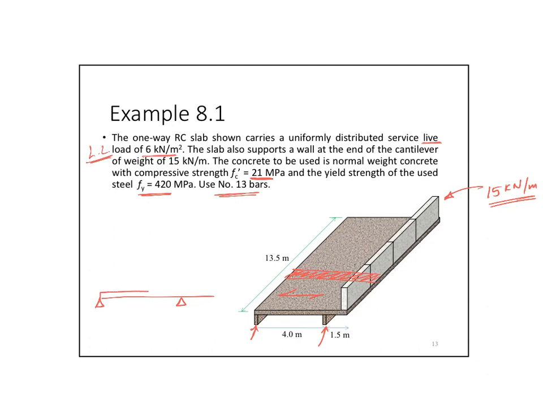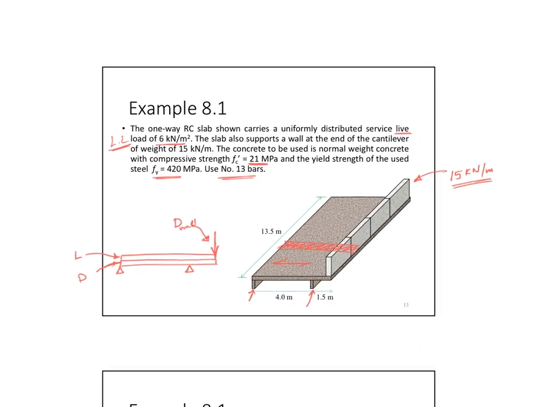It has its own self weight, that's the dead load. It will have some live load as well, and it will have a concentrated load out on top here, which is the wall load. So this here is dead, that here is live, and this guy here is also dead, which is the wall. Clear?